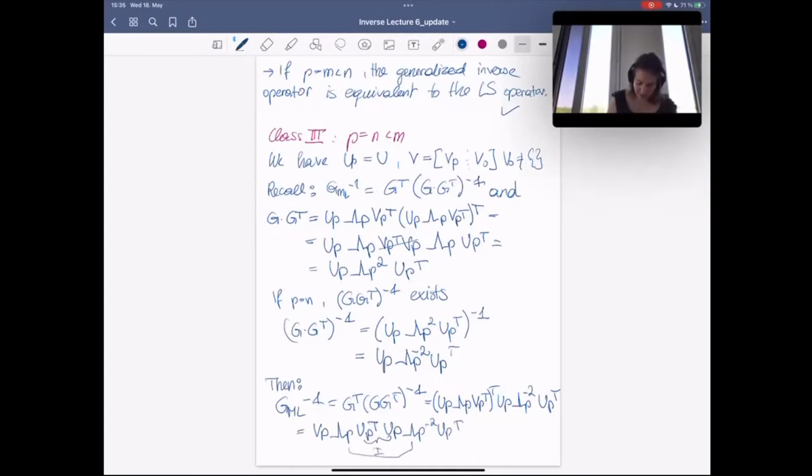These we can merge together to lambda P to the power of -1. So what's left now is VP lambda P to the power of -1 UP transpose. And this equals, again, our generalized inverse operator.